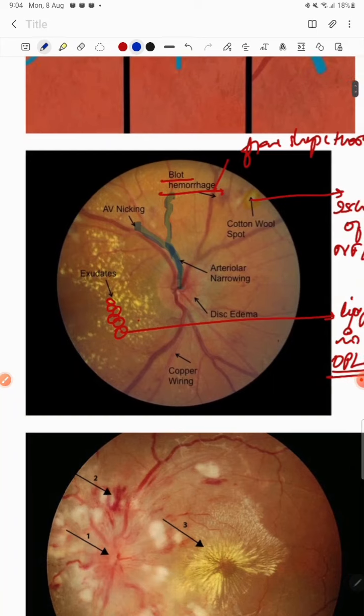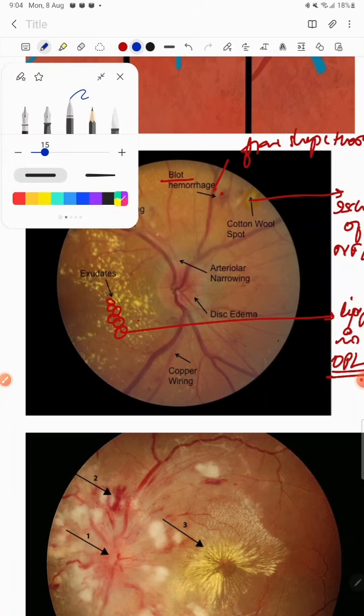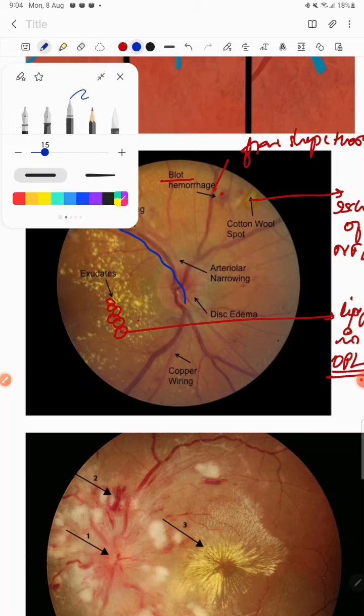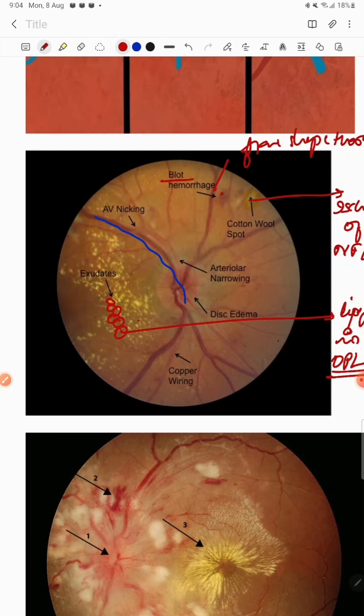So here you can just see, sorry everybody, there are arteries crossing over the veins. Yes, there is a crossing of the arteries over the vein, like this.